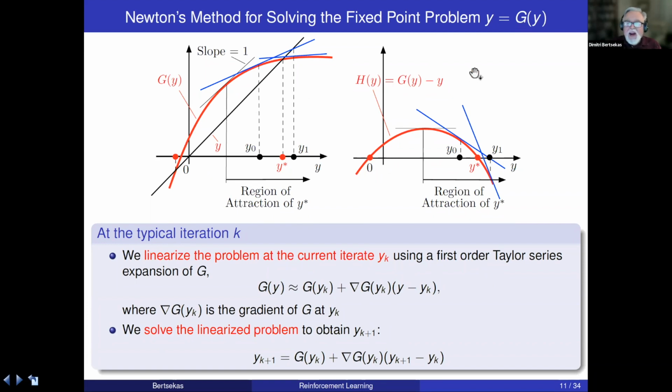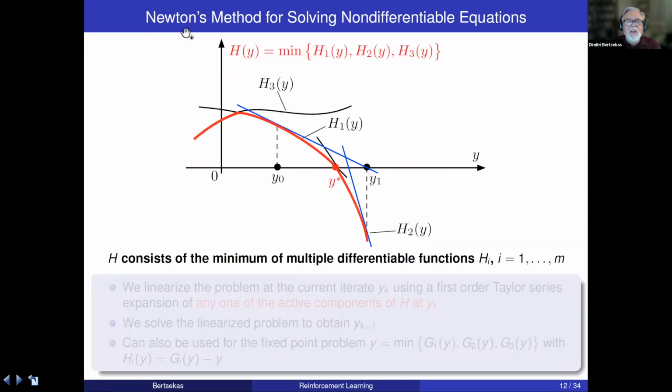However, it admits also an extension to non-differentiable problems, which is important for our case because the Bellman operator is differentiable in the case of a linear quadratic problem, but it is non-differentiable in general. So here's how Newton's method works for solving non-differentiable equations. This theory, by the way, relates to the theory of non-smooth analysis, which is relatively recent applied math. It dates to, let's say, around 1980.